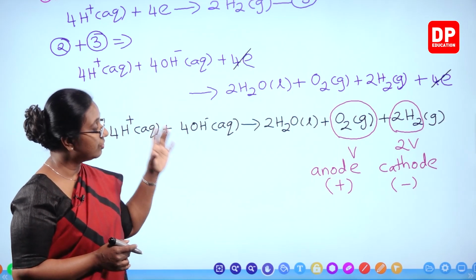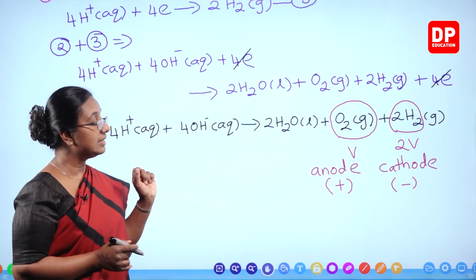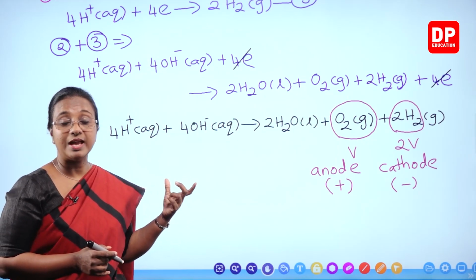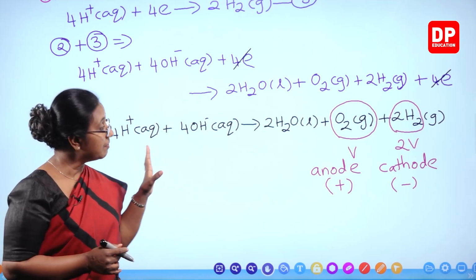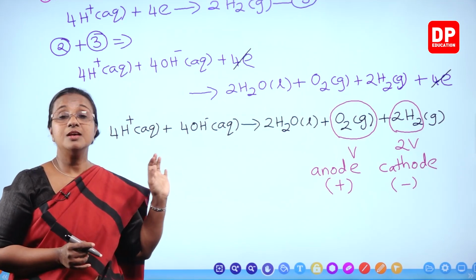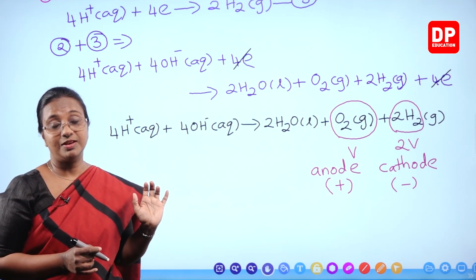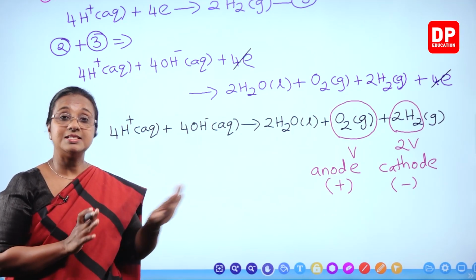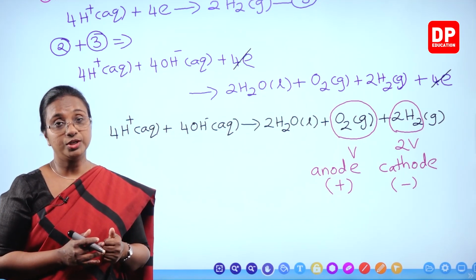So near the anode, we get less volume of gas liberated, while near the cathode, we get more volume of gas liberated. That is in the ratio 1:2. And by testing for the two gases, we confirm that they are oxygen and hydrogen respectively. So now you all can understand what happens when we electrolyze acidulated water.